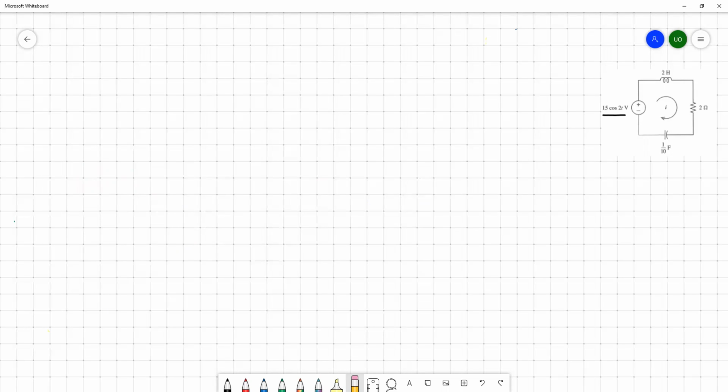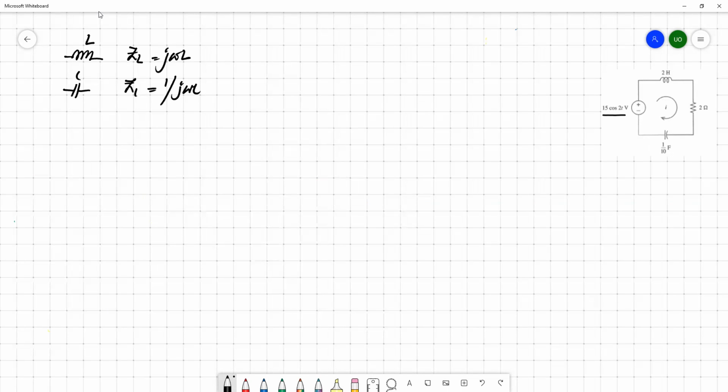Okay. Now we know that if you have inductors, you can simply replace the inductor with this. So this is the impedance. If you have capacitors, you can simply replace the impedance of the capacitor using this. So nothing else. Okay.